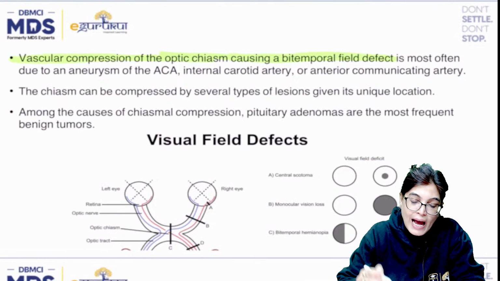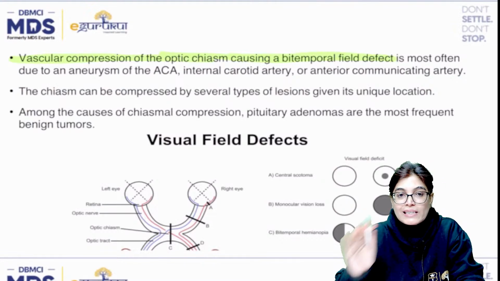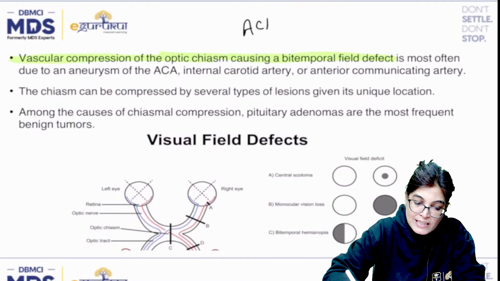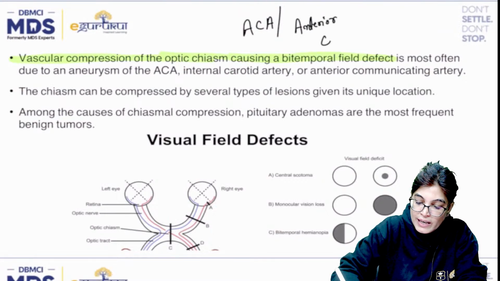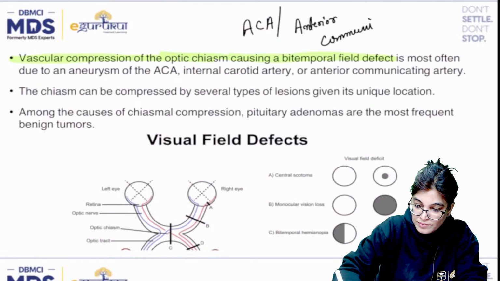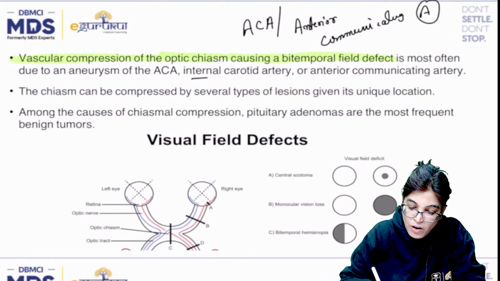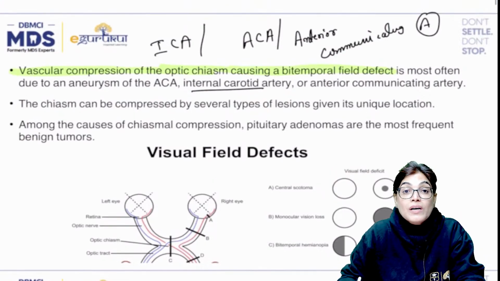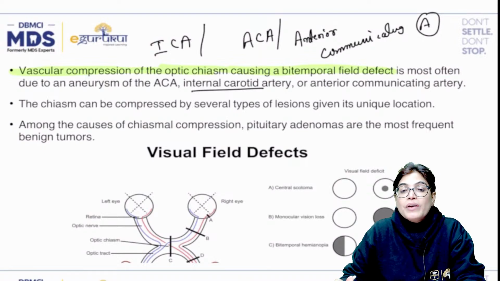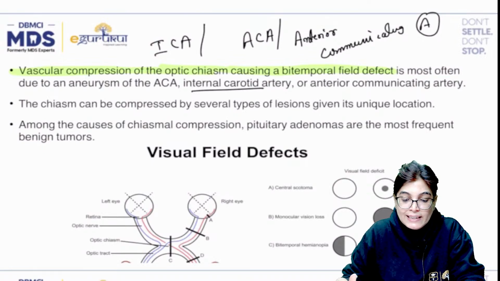Generally, the aneurysms of the arteries causing this condition are of the ACA, anterior cerebral artery, anterior communicating artery, and also the ICA, internal carotid artery. So among the arteries whose aneurysm can cause this lesion, we have three: ICA, internal carotid artery, anterior communicating artery and anterior cerebral artery.